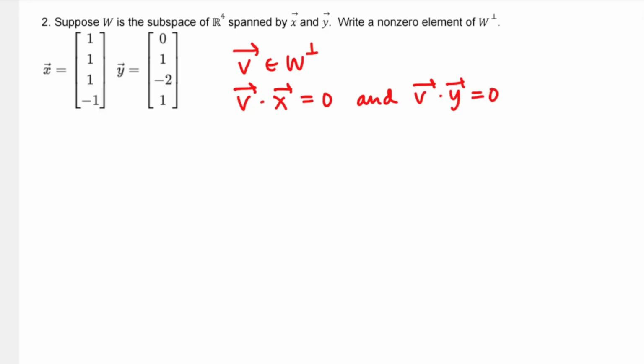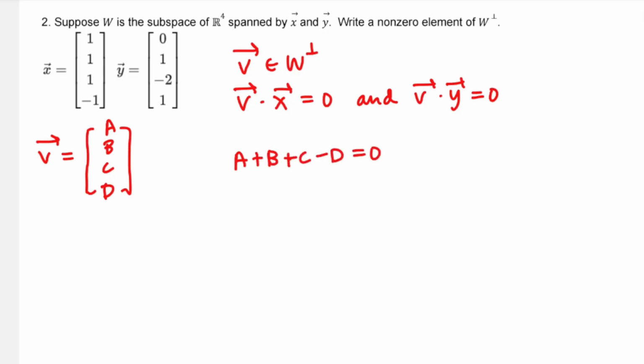I think I'm just going to write V as A, B, C, and D. So from V dotted with X, that's going to be A plus B plus C minus D equals 0. And Y dotted with V is going to be no A's, 1 B, negative 2 C's, plus D equaling 0.